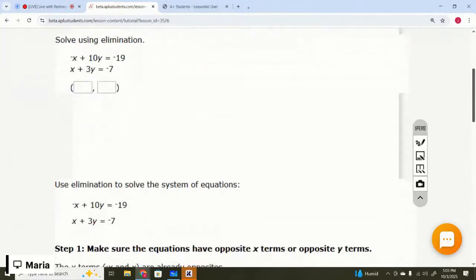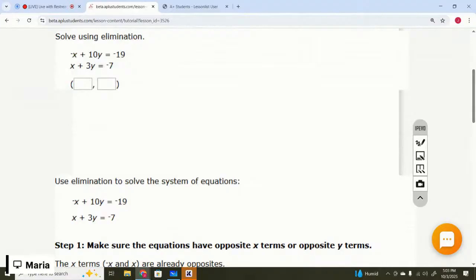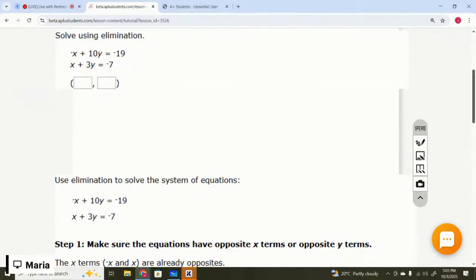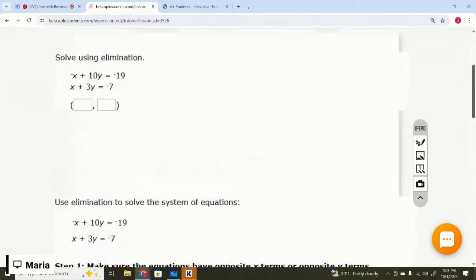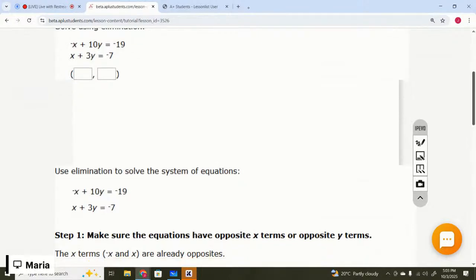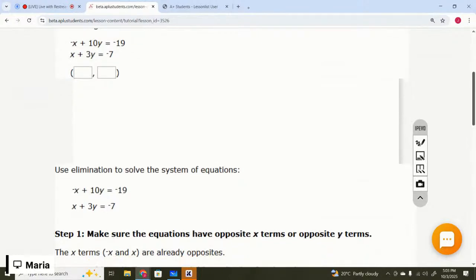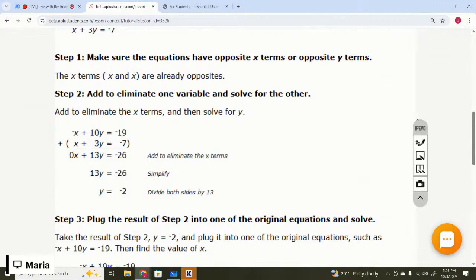Solve using elimination. Negative x plus 10y equals negative 19 and x plus 3y equals negative 7. So we have to either add or subtract these equations, right? So we can add these two equations to cancel out the x variable.